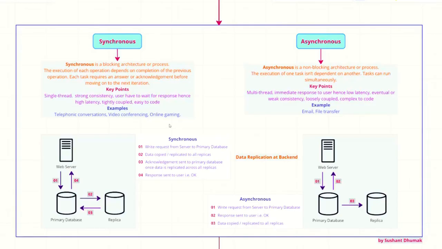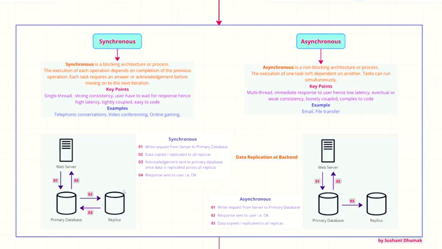That is also one thing. But here what we are looking at is that if one process is done, we wait for a response. Once we get a response, we move ahead with the next process. And this is kind of a chain that is moving ahead.